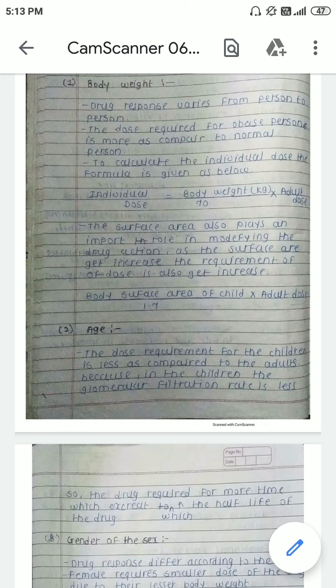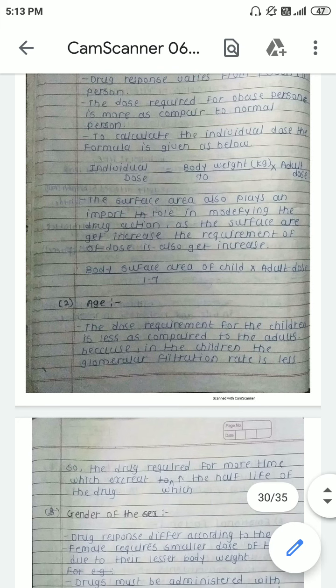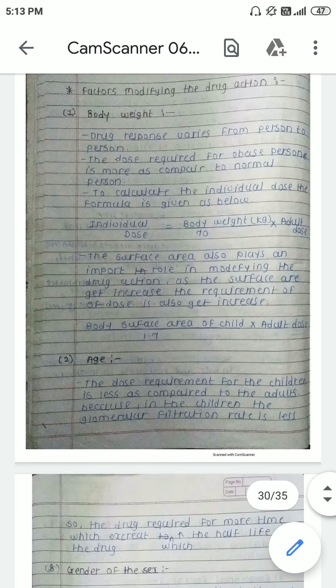To calculate the individual dose, the formula used is: individual dose is equal to body weight in kg divided by 70, into the adult dose. By this formula, you can calculate the dose for persons having different body weights.